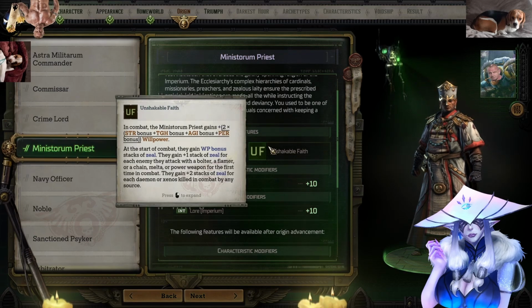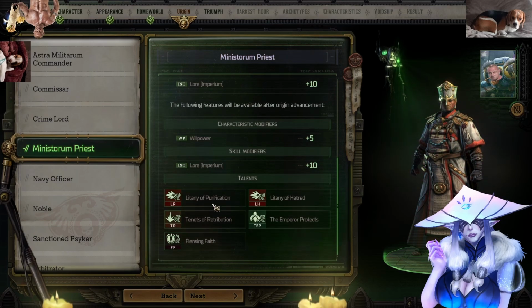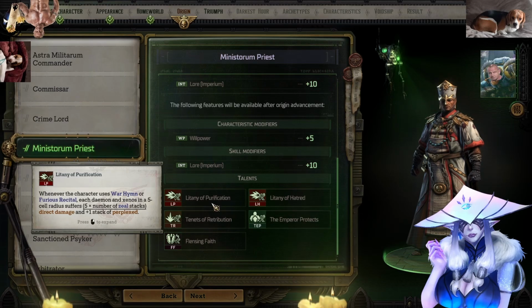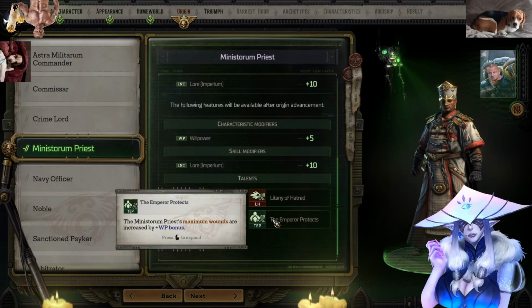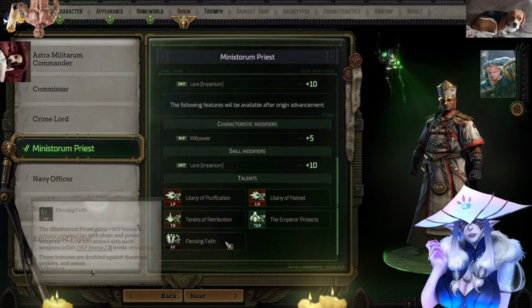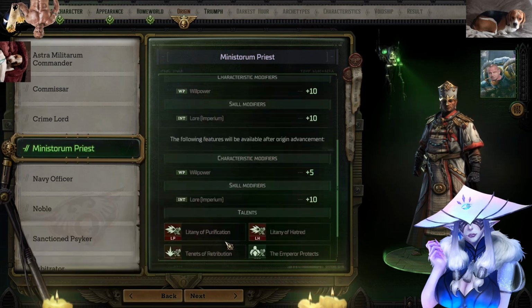The Ministerial priest gains 2 times willpower. Okay, what does this do? Litany of Purification. Whenever the character uses Warhammer for Furious Recital, each demon and Xenos in the 5-cell radius suffer direct damage. Okay. Cleansing Faith.